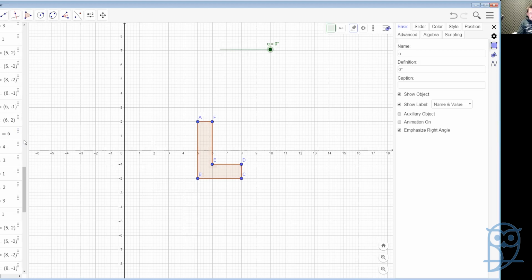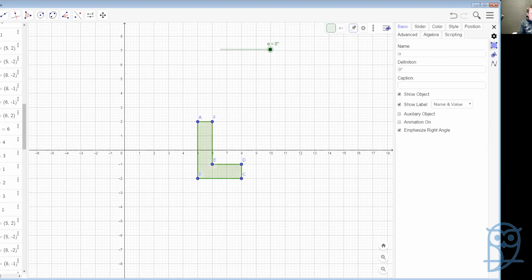All right, let's do one more. I think E is also quite a nice, interesting point. And then what I'll do is I'm going to put all of them on, and you'll see how all of them are different to each other. All right, there you can see it turning. There's the 90.